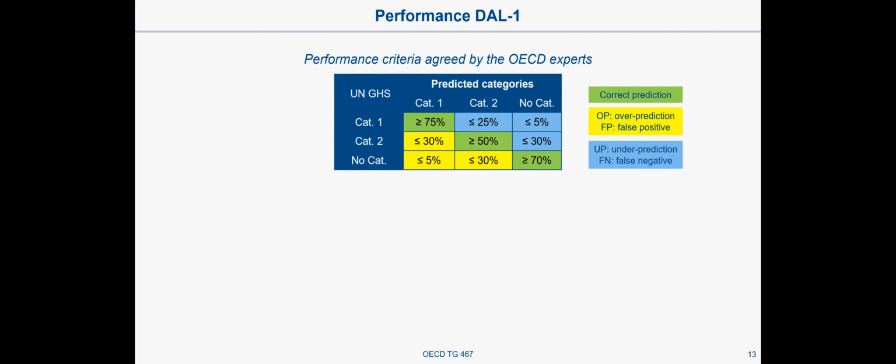And those performance criteria take into account the uncertainty of the Draize eye data that was clearly explained by Joel. So in green, you see the minimum correct prediction rates. In blue, we have the under predictions that are allowed, and in yellow, the over predictions or the false positives.